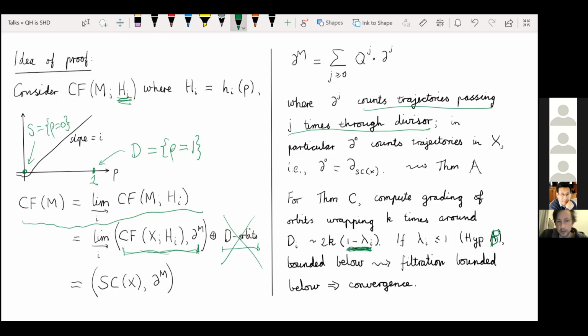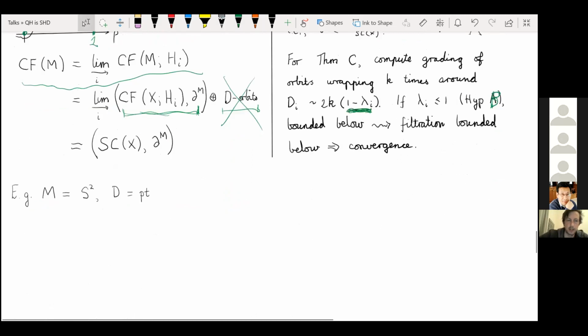Under this hypothesis B, you can show that this filtered complex is bounded below, which is the condition you need to ensure that your spectral sequence converges to its cohomology. Okay, so I'm skipping over that.